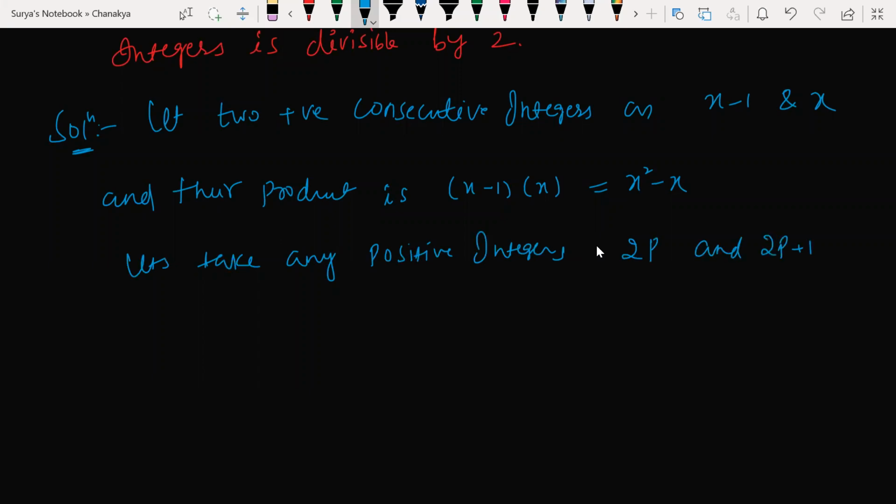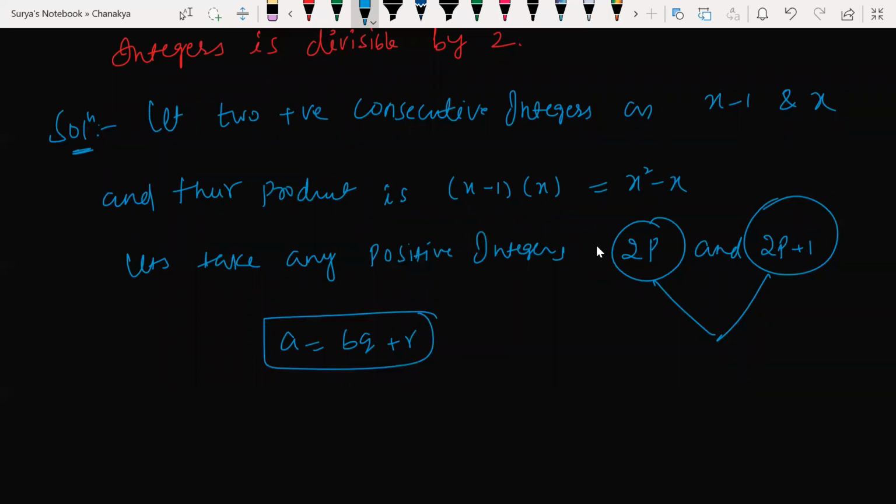Sir, why did you take 4p plus 1 and 4p? You can take like this, no problem. Look at this. By using Euclid's division lemma, how can I write this? What is Euclid's lemma method? What was the formula for that? A is equal to BQ plus R, right? What is B here?